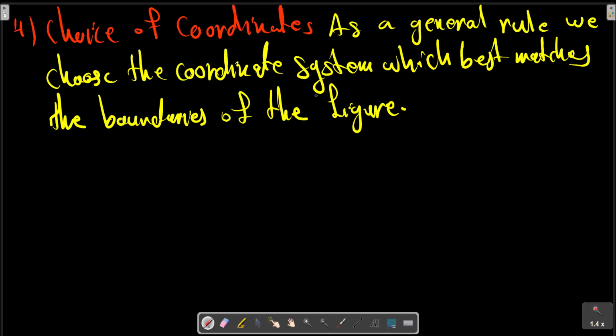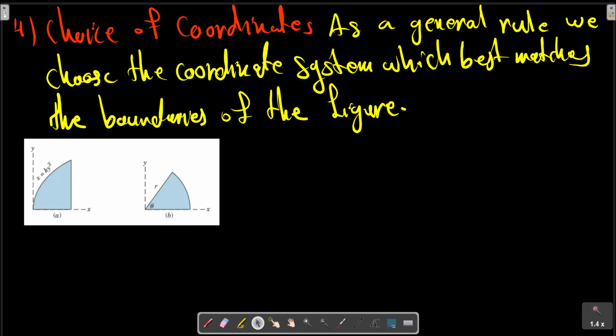Thus, the boundaries of the area in figure A are easily described in rectangular coordinates, whereas the boundaries of the circular figure B are best suited for polar coordinates.